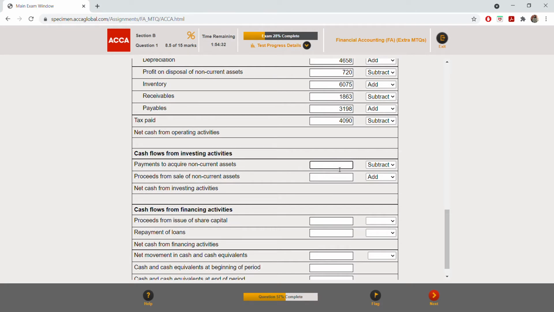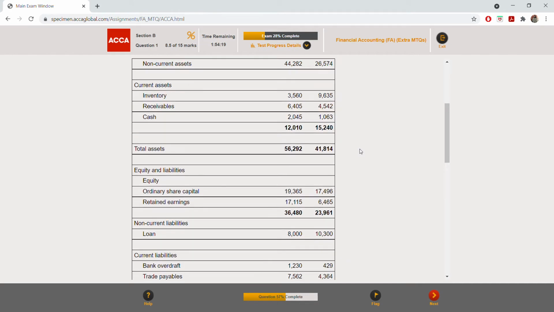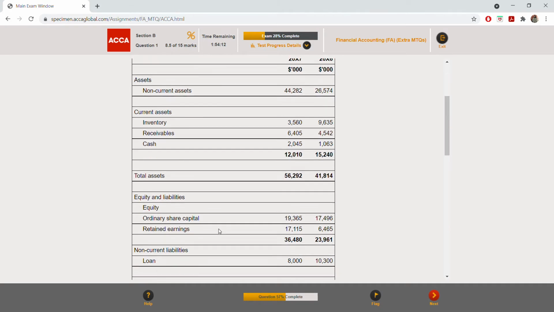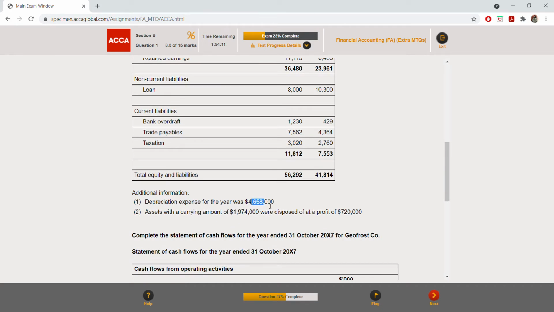So how much? For that also you have to do a working to get the payment. How are you getting it? You start with the carrying amount. What was the carrying amount for the payment? It is 26574. From there you deduct the depreciation, which was 4658. After you deduct depreciation, you minus the carrying amount of what you dispose, because you're selling it.